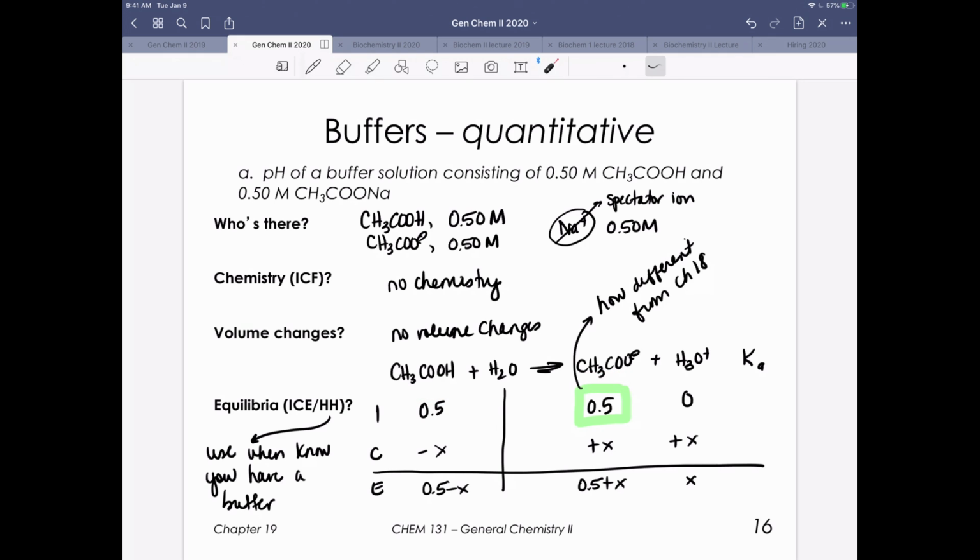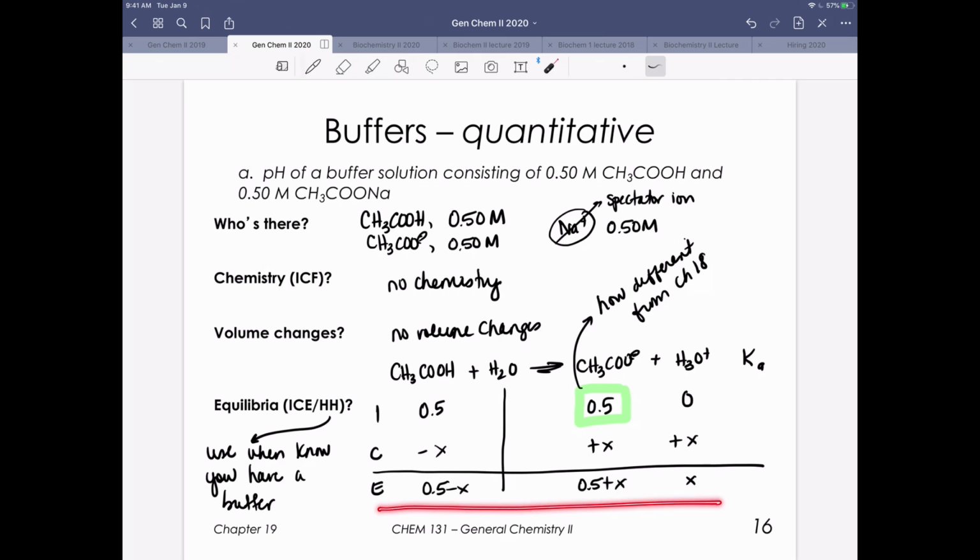weak acid and conjugate base. Now again, this is where it might get a little bit confusing whether you put plus x's or minus x's, but as we're going to see on our next slide here, because we make an assumption that x is small and the x's are going to go away, it doesn't matter whether it's plus x or minus x here. So don't worry and stress about that, because for this ICE table, it's not going to matter because we make an assumption that x is small.